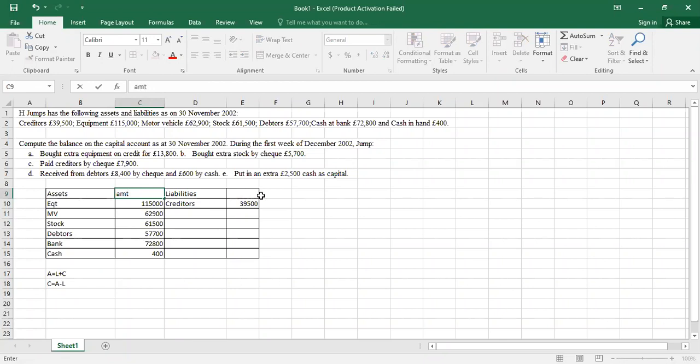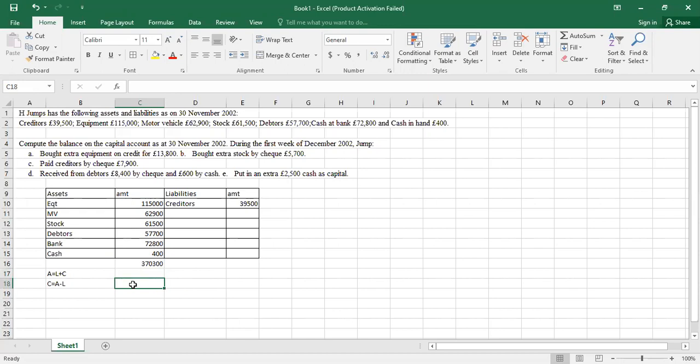This amount. So I can get the totals and just use the formula. Just get the sum of what is in the column. So I scroll, enter. So this is the value of my assets. Yeah.